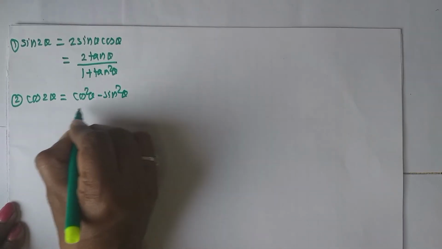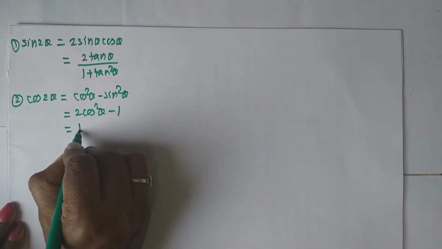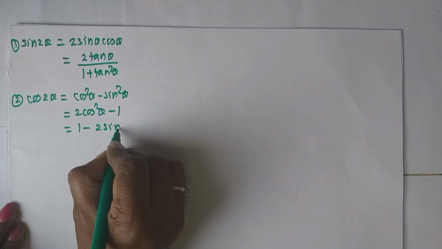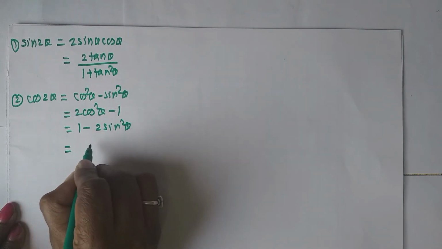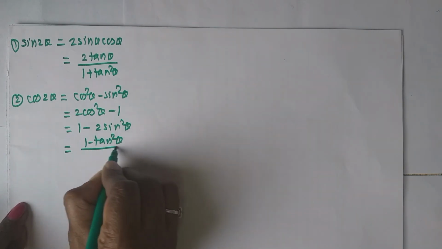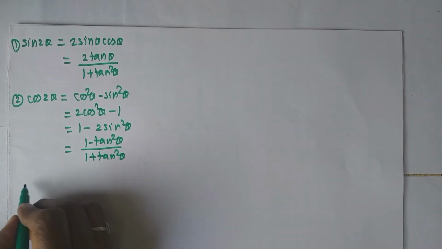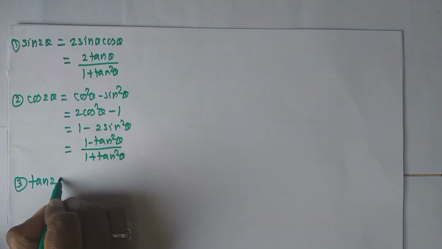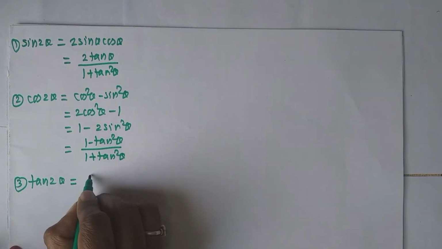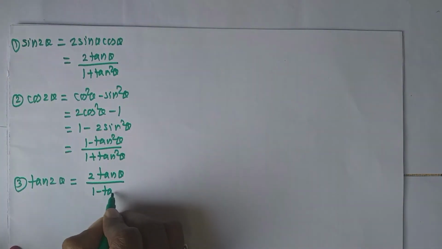This is first formula. Then second will be 2 cos square theta minus 1. Third formula 1 minus 2 sin square theta. And fourth formula, that is 1 minus tan square theta divided by 1 plus tan square theta. Okay. And for tan 2 theta, we have derived the formula 2 tan theta divided by 1 minus tan square theta.